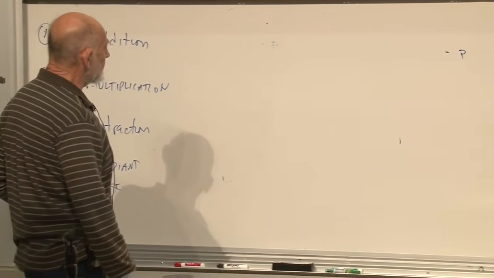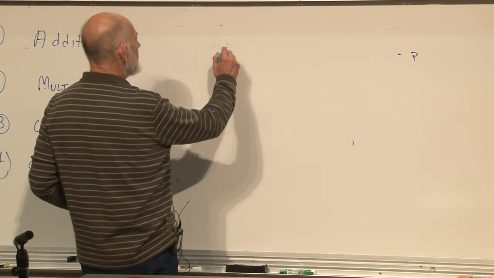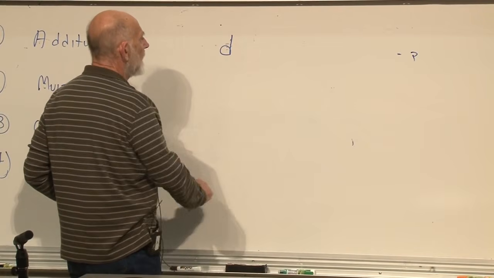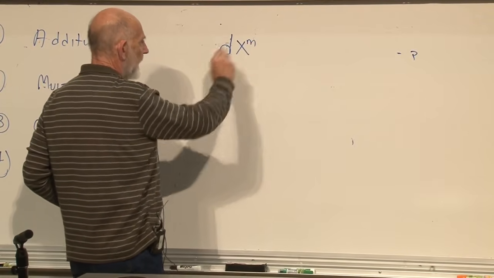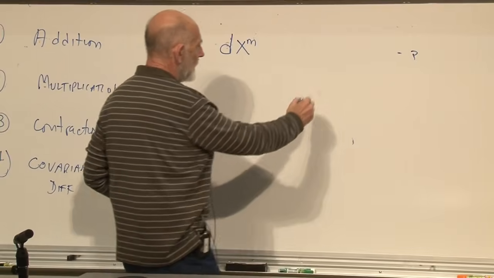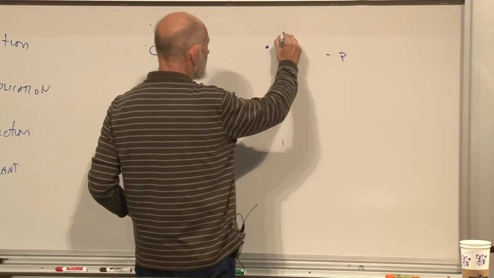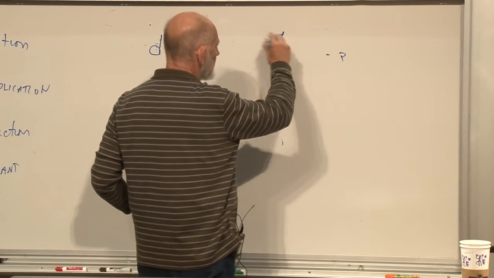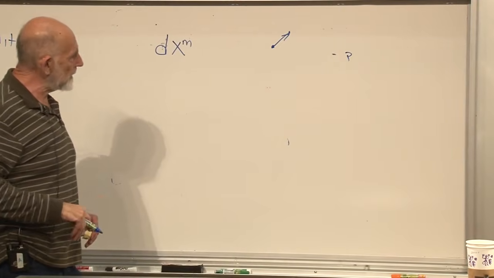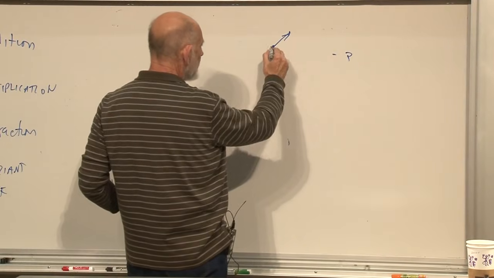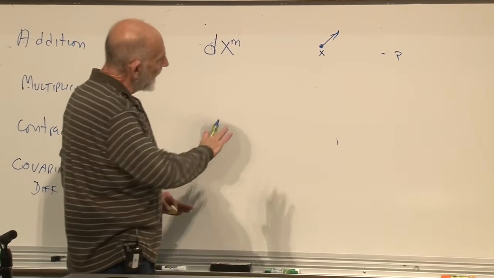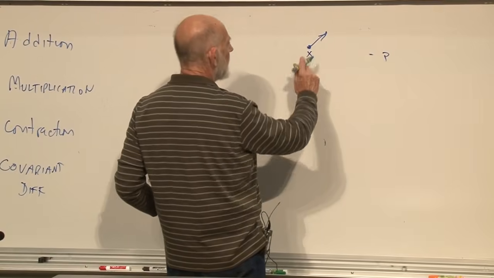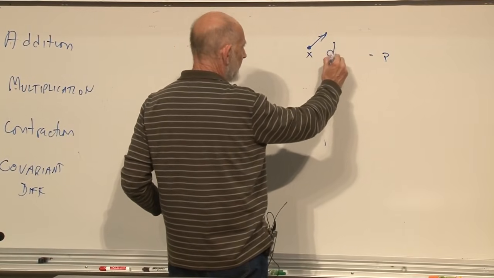Okay, the definition of the metric tensor is if we have a differential length element dx^m, which just represents the components of a displacement vector. Let's call it a displacement vector. Go to a point in the space called x, x1 to xn, and now displace it and call that little vector dx.